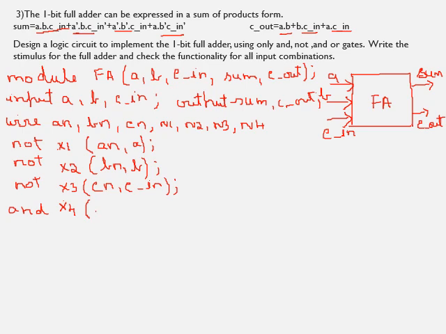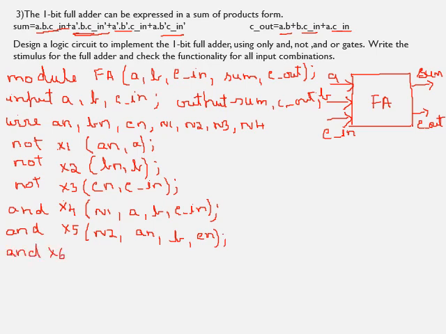So N1 is A, comma B, comma C underscore in. Next expression is A bar B C in bar. So AND, let this be x5, n2, A bar is an, B is b, C in bar is Cn. Okay, this is the second AND term.